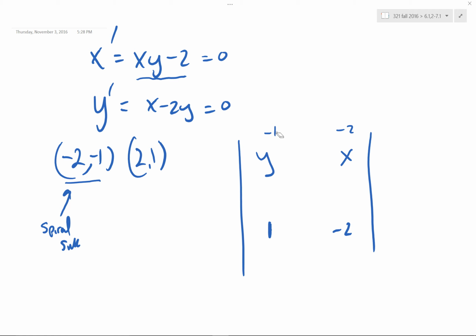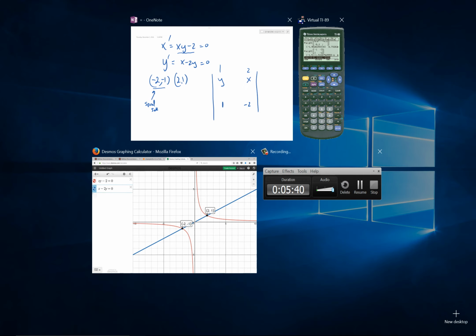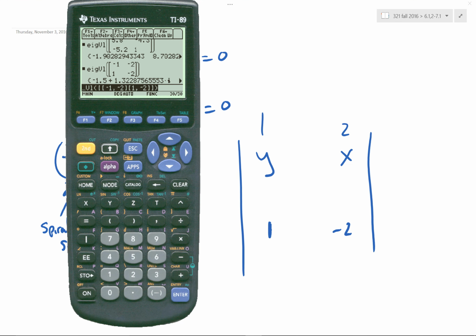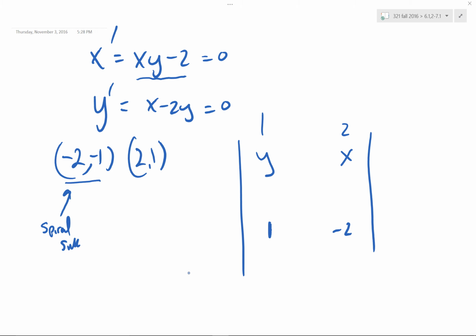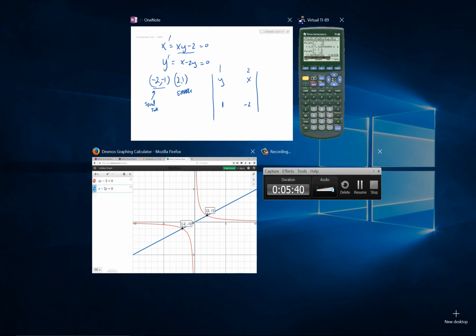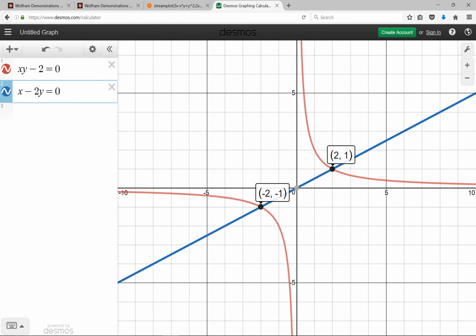And let's plug 1 in. It's going to be 1 and 2. And that's still -2 already. Ooh, saddle. So xy minus 2.